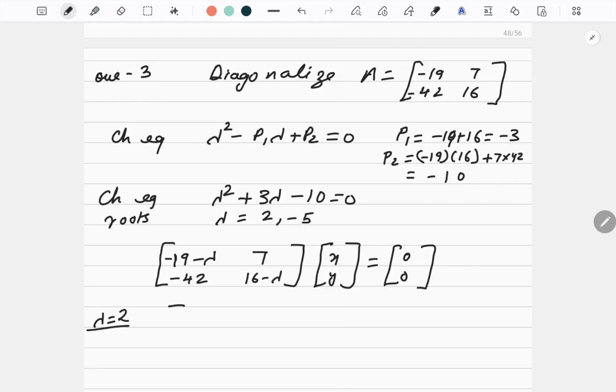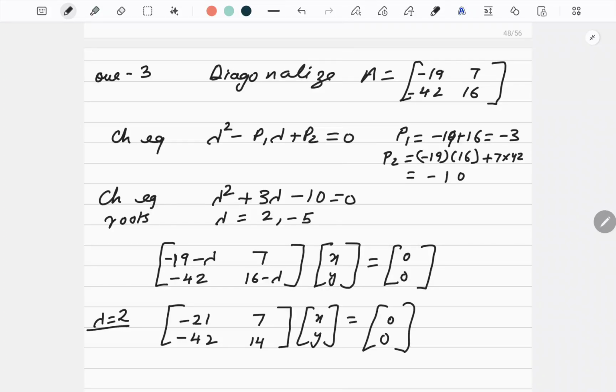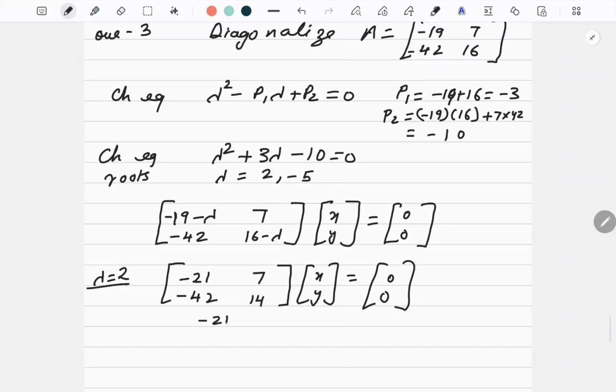If I put lambda is equal to 2, minus 19 minus 2 is minus 21, 7, minus 42, 16 minus 2 is 14. So x, y is equal to 0, 0. Correct? So this will give you minus 21x plus 7y is equal to 0, implies 21x is equal to 7y.